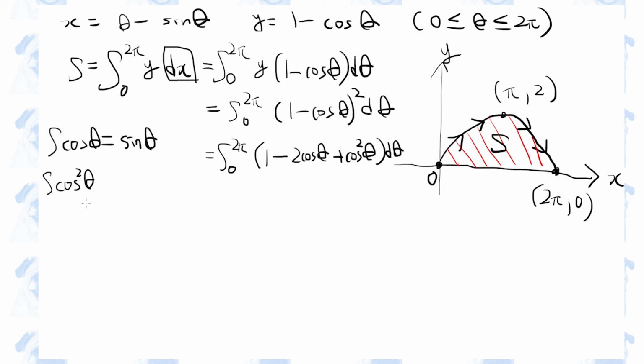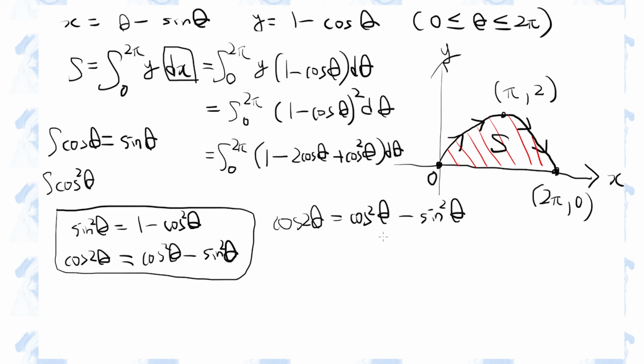In order to figure this out, we need the following two trig identities. Sine squared theta is 1 minus cosine squared theta, and cosine 2 theta is cosine squared theta minus sine squared theta.